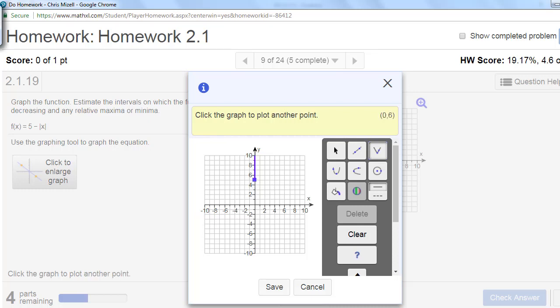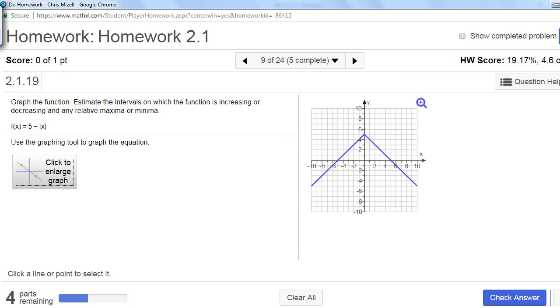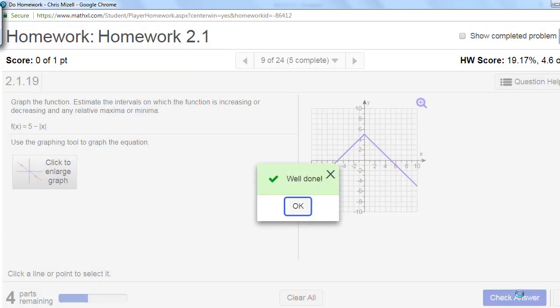Click the graph to plot another point. How about (5, 0)? That was easy. I like the V-shaped graph plotting tool. I'm pretty sure this is it. I'm going to save it. And do we want to check it? So it's happy enough with that.